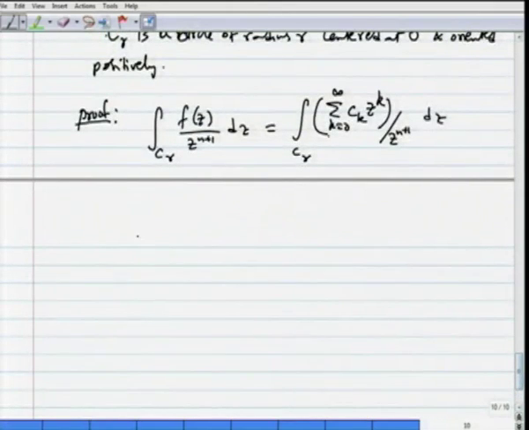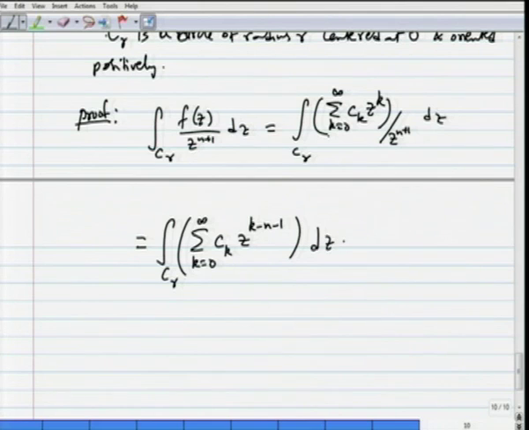And this in turn is the integration over C r of the sum k equals 0 through infinity of c k, dividing z power n plus 1 term by term, so I get z power k minus n minus 1 dz, provided I can interchange the summation and the integration.